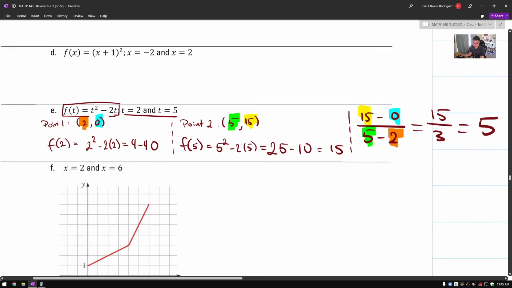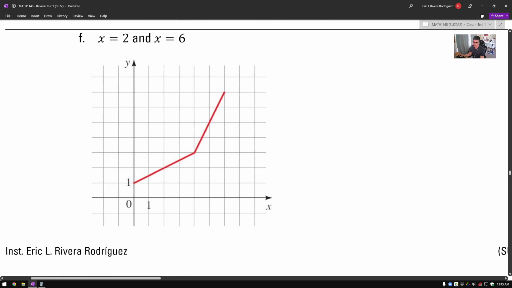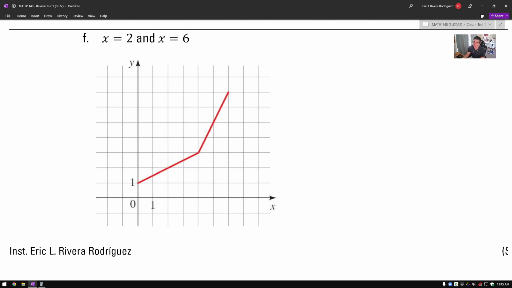Okay, and let me show you how to get the 2 points of F. So we don't have an equation, but we have the graph, and the grid, each line has a value of 1. So x equals 2, so 2 is here, you go up, this is the point, so that's point number 1, (2, 2).